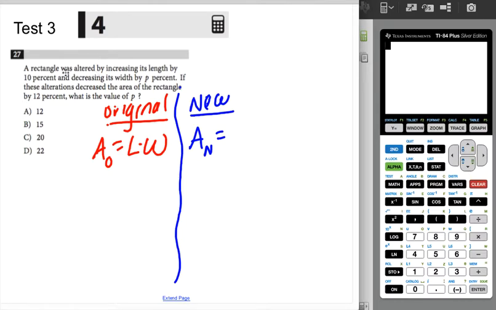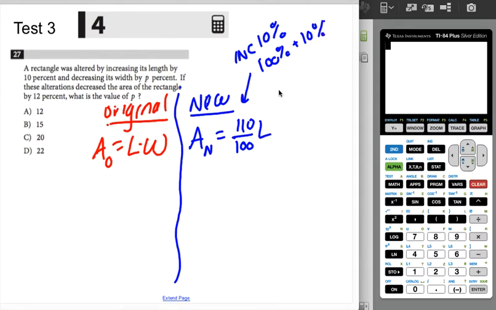The length of the new rectangle is increased by 10%, meaning you can either do 1.1 or you can recognize that it's 110 over 100, because an increase of 10% means you take 100% and you add another 10%, okay? So that's 1.1 times the length, right?